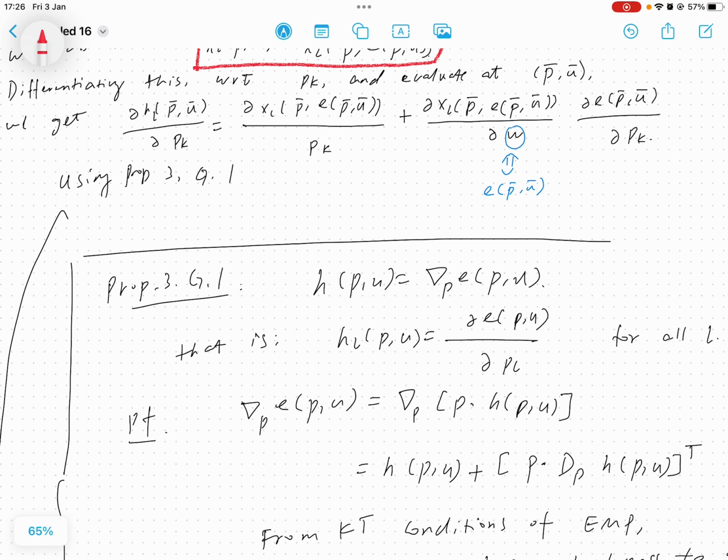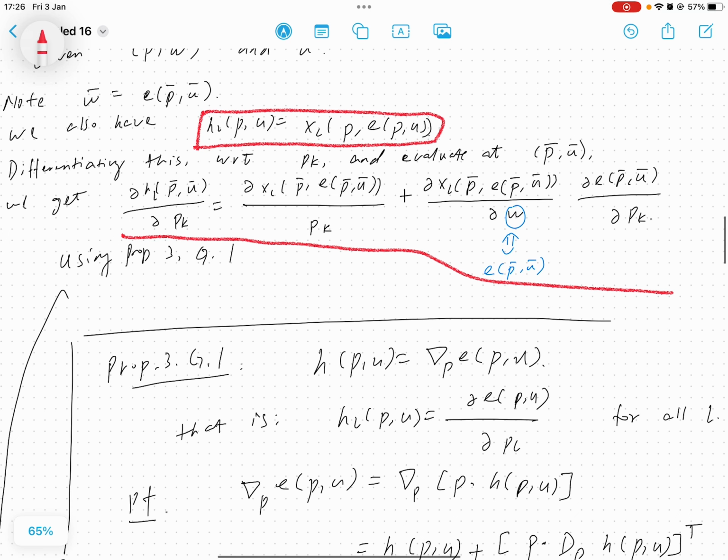After we take the derivatives, that gives us this. The left-hand side will be the partial derivative, and on the right-hand side we just use the chain rule for this part, and those together will be this partial derivative. Okay, good.